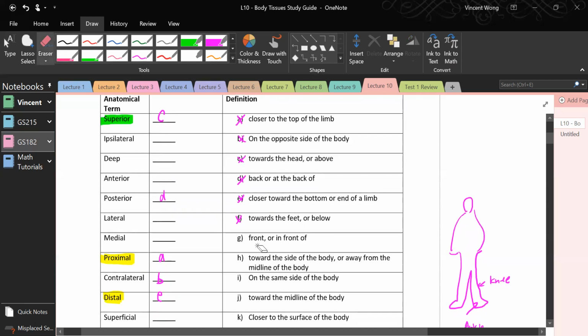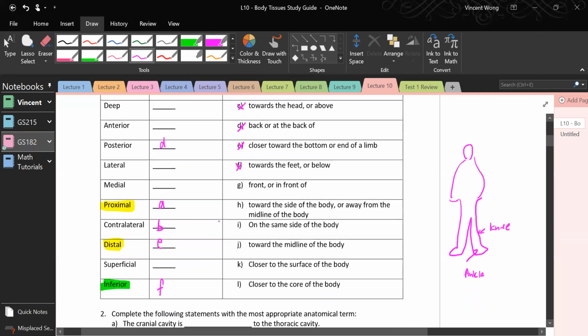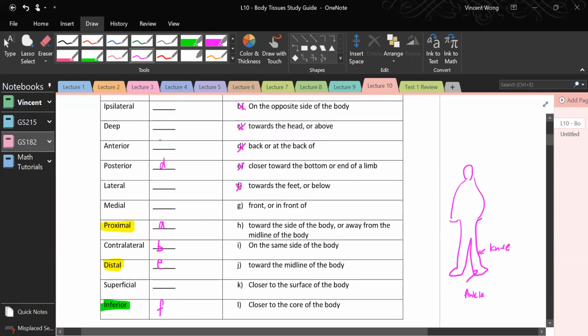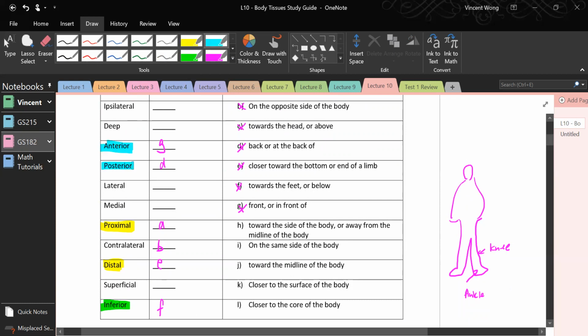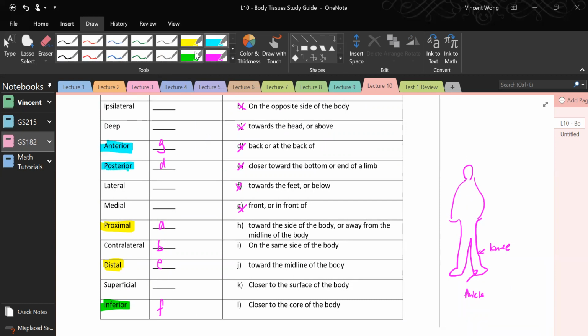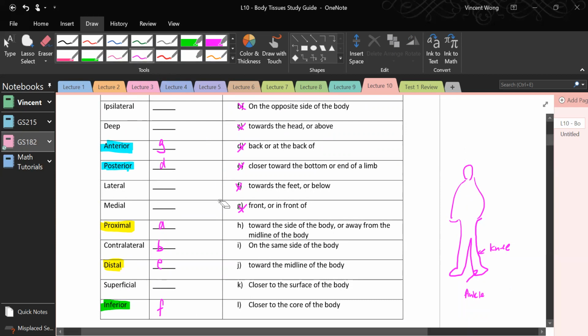Next one, front or in front of, that would be anterior, which is right here. Anterior and posterior are an opposite pair. Towards the side of the body or away from the midline. The midline is this imaginary line that goes down the middle of the body.